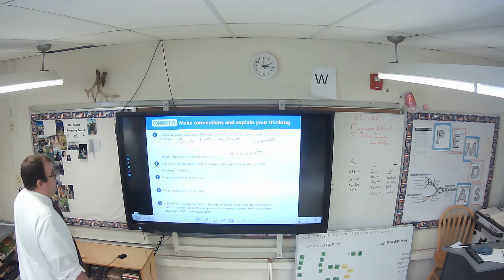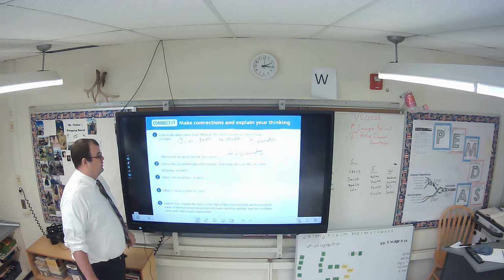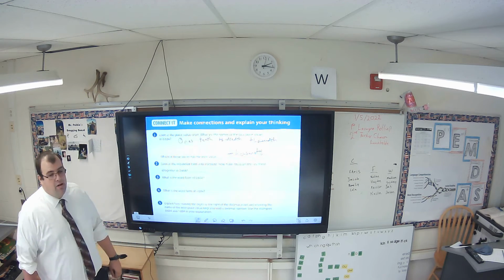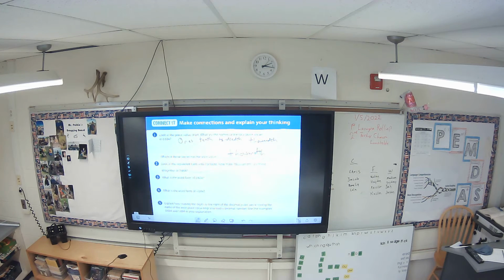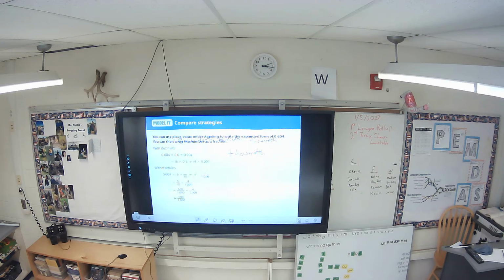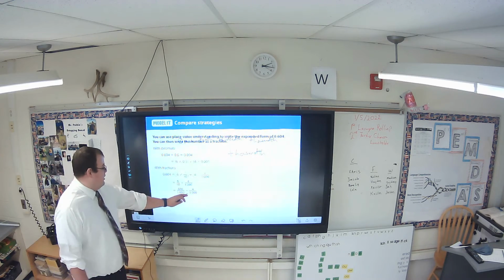So look at the expanded form with fractions. How many thousandths are there altogether in 604 thousandths? Not what's in the thousandths place value, how many thousandths are there total? No, 4 is in the thousandths place. There's only 4 in that place.